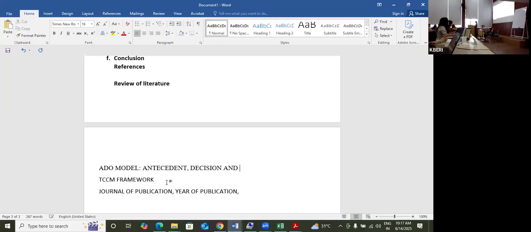What is the TCCM framework? T is for theory, C is for country, the next C is for context, and the last is for methodology. If you have all these frameworks in your paper, you will definitely get published in a very, very good journal.